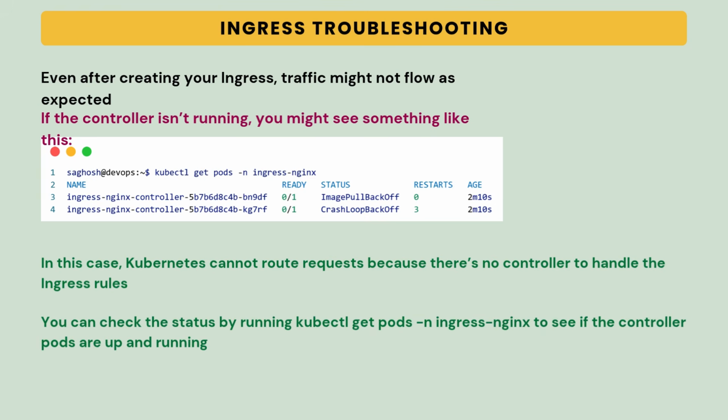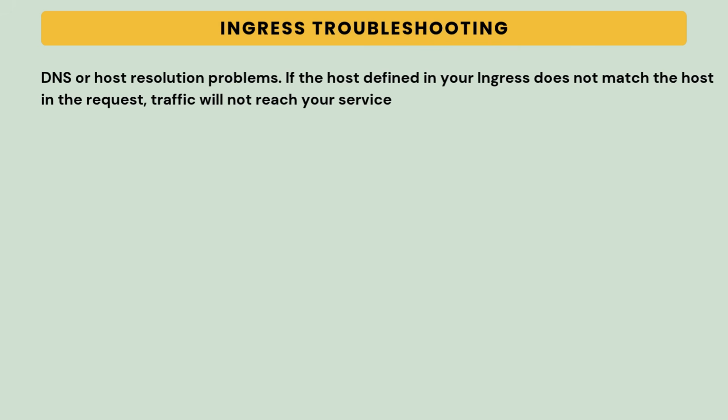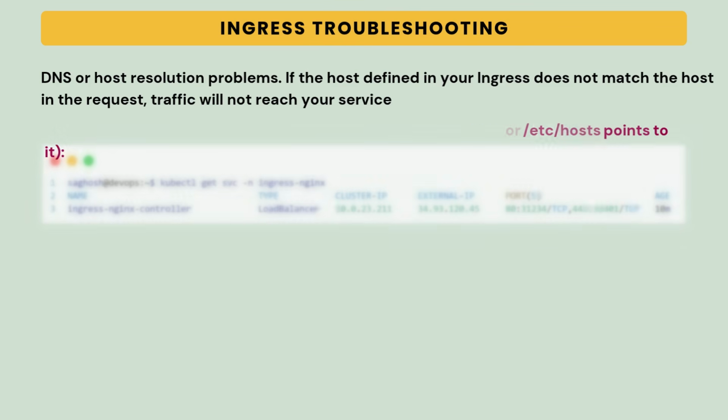You can check the status by running the kubectl get pods -n ingress-nginx command to see if the controller pods are up and running. Another frequent issue is DNS or host resolution problems.